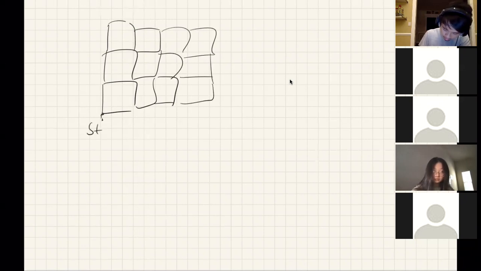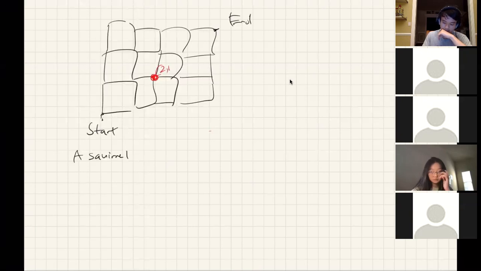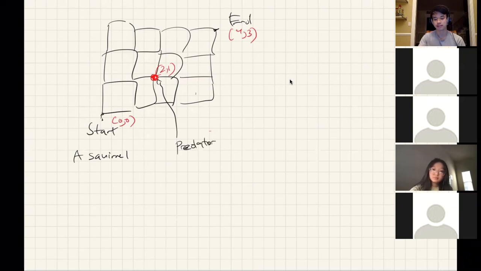So start and end. We have a squirrel at the start position. The squirrel wants to get to the end position, and say at this point 2 1, there's a predator here, right? Something very scary here.